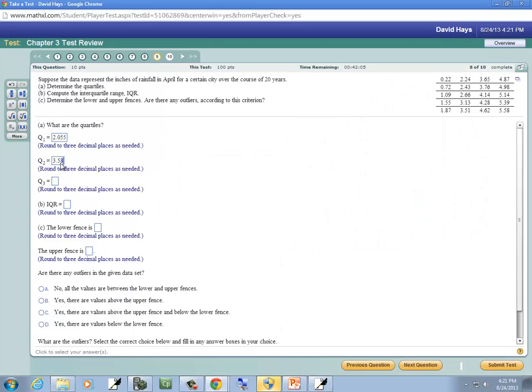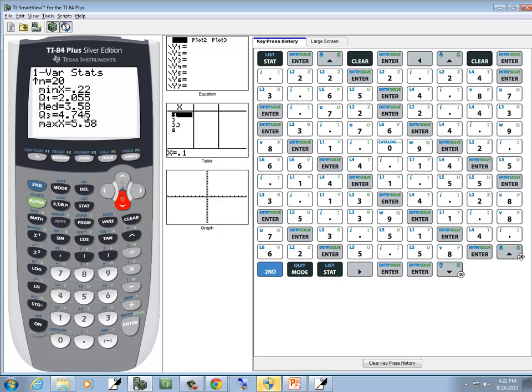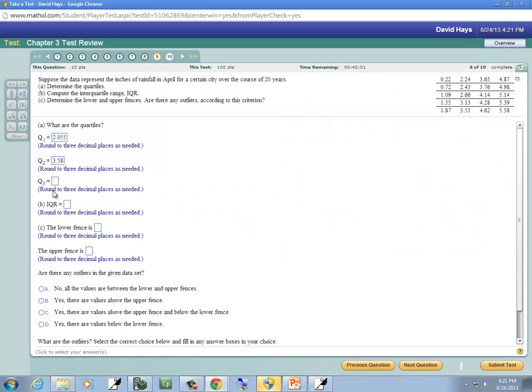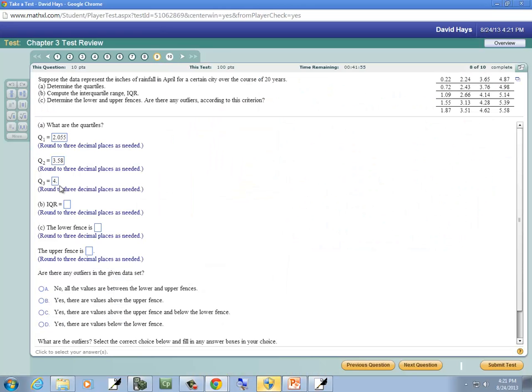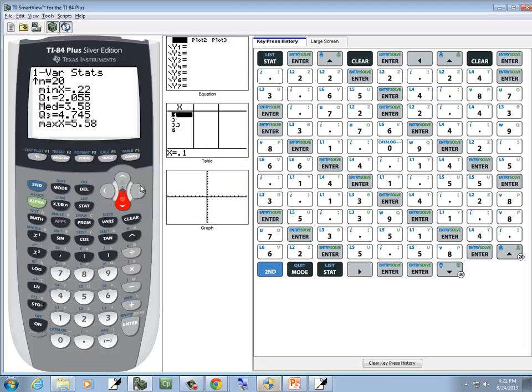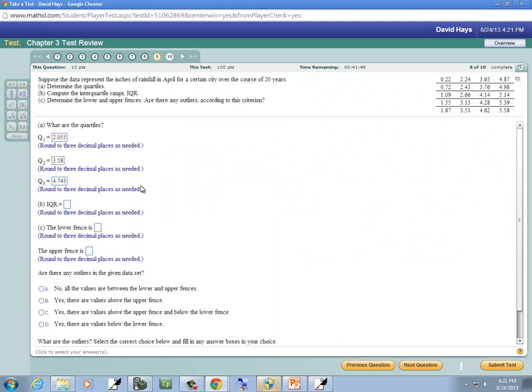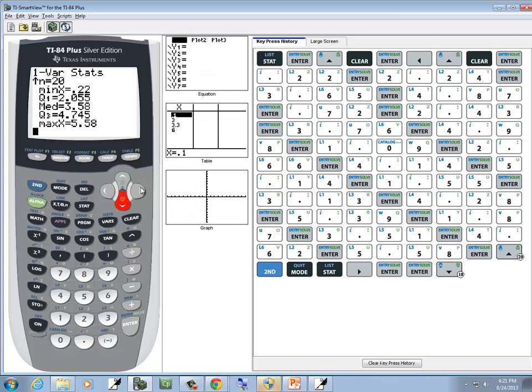Q3 is 4.745. Double check myself here. 2.055, 3.58, 4.745.